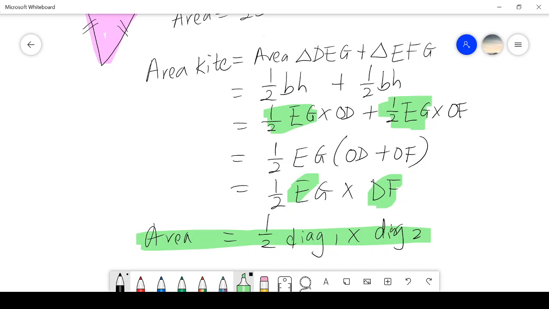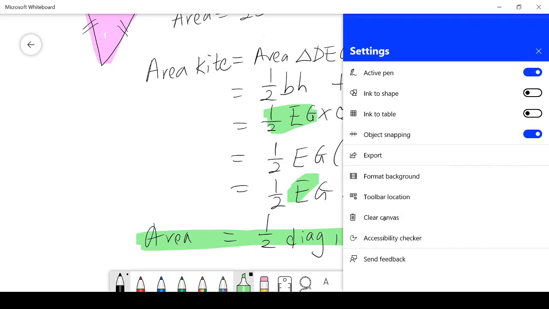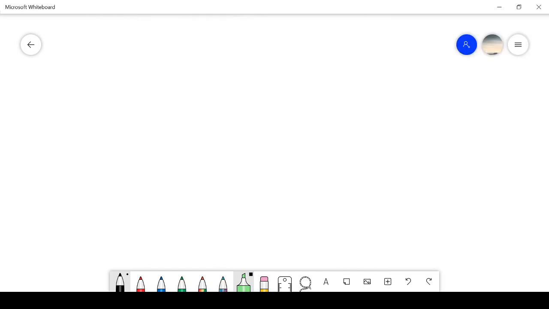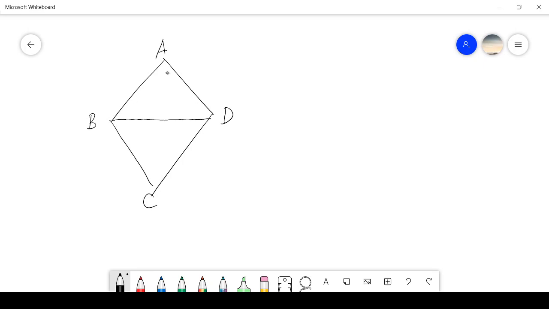Okay, and let's do a quick example. Okay, say I have a kite, and we call this kite A, B, C, D. So because it's a kite, we know that the adjacent sides are equal.